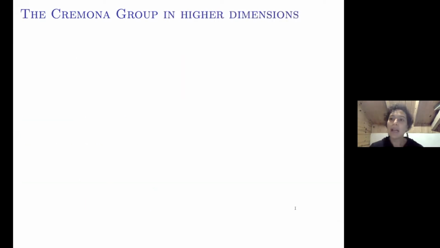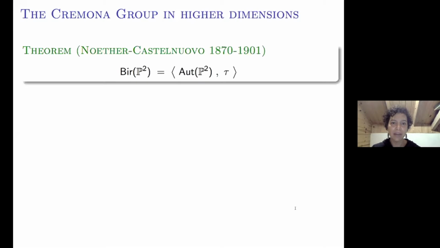Okay, so now I would like to move to the Cremona group in higher dimensions. So let me just make a contrast with the two-dimensional case. I recall the Castelnuovo theorem for the Cremona group of the plane. It says that the Cremona group is generated by linear automorphisms, so degree 1, and this one quadratic transformation, degree 2.